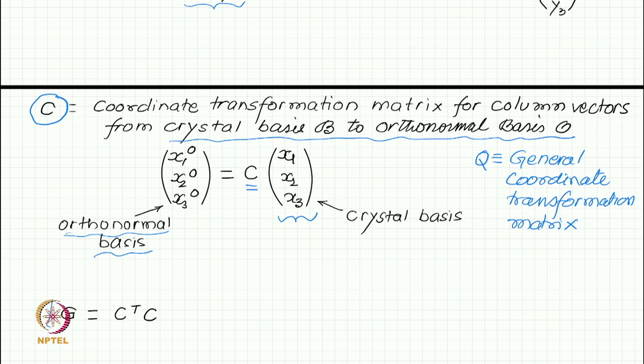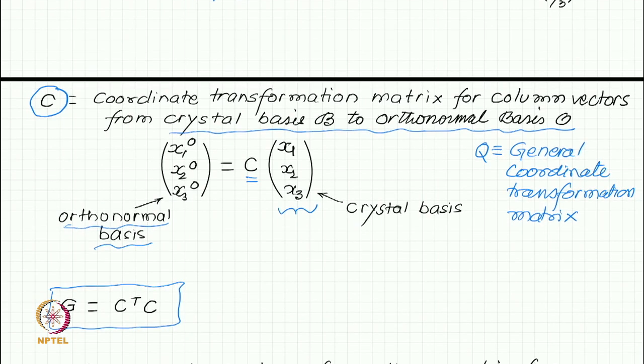Then we ended the last lecture with an interesting result: the metric tensor and the coordinate transformation matrix from crystal to orthonormal basis are related by the relation that if you know C, you can calculate G. C transpose C is G. Of course, G is much easier to calculate than C. So, this equation is not a recommendation for calculating G, because once you know the lattice parameters, you can directly calculate G, since it is a simple dot product: a dot b is a b cos gamma.